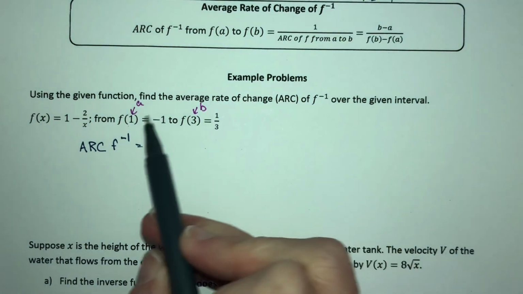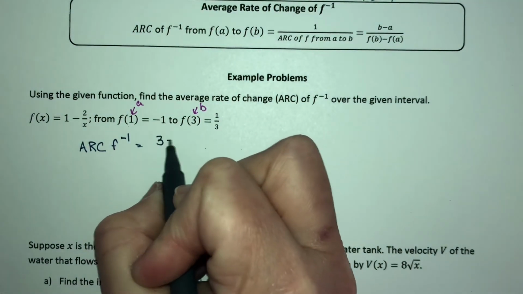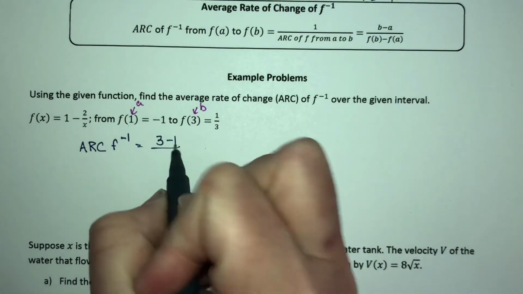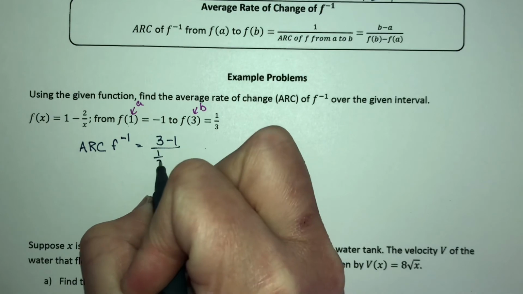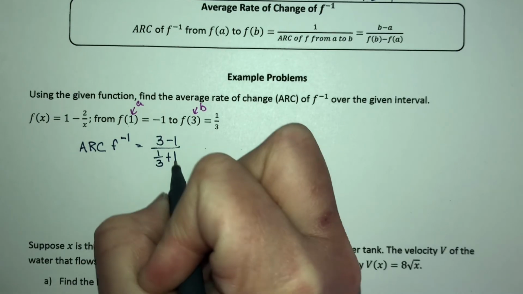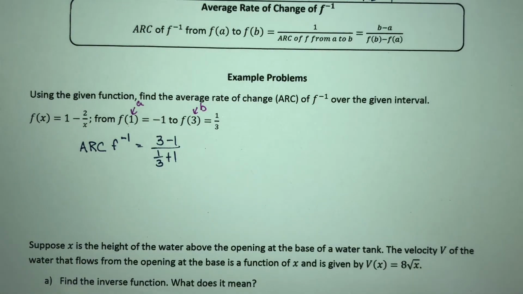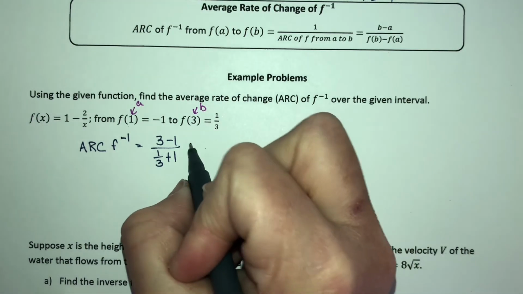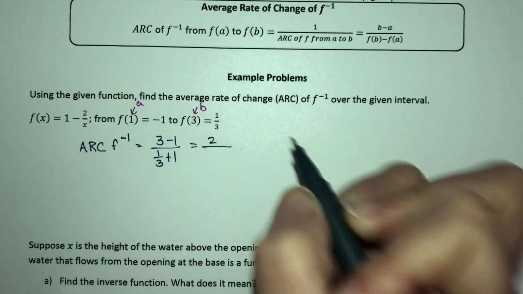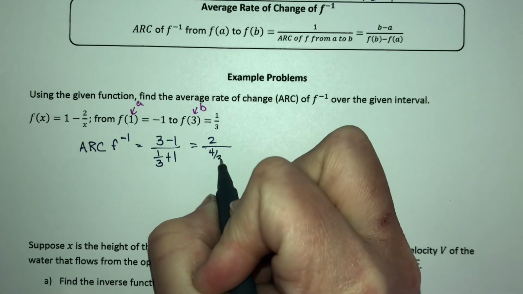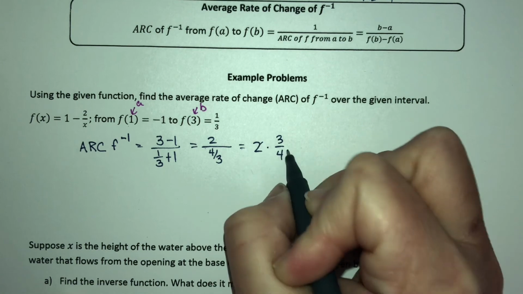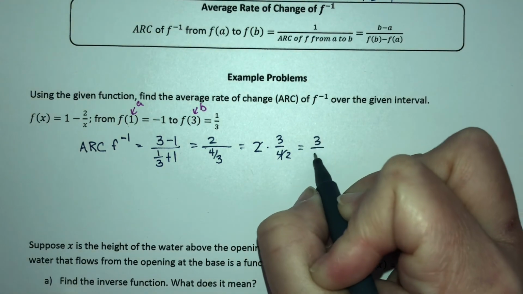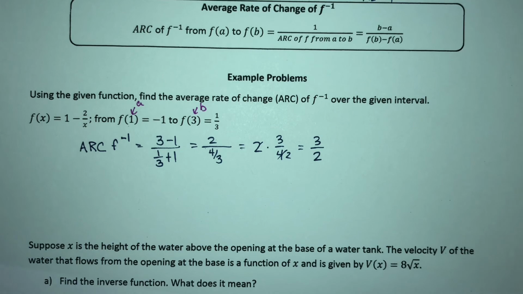So b minus a, 3 minus 1, over f of b minus f of a, 1/3 minus a negative 1, so 1/3 plus 1. Okay, that gives me 2 over 4/3, which is 2 times 3/4, which is 3/2. So the average rate of change of the inverse function is 3/2.